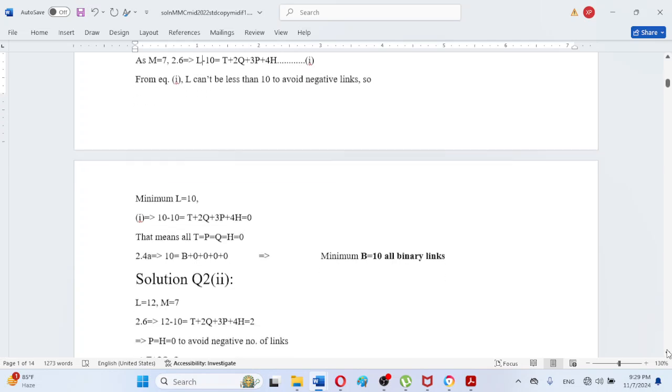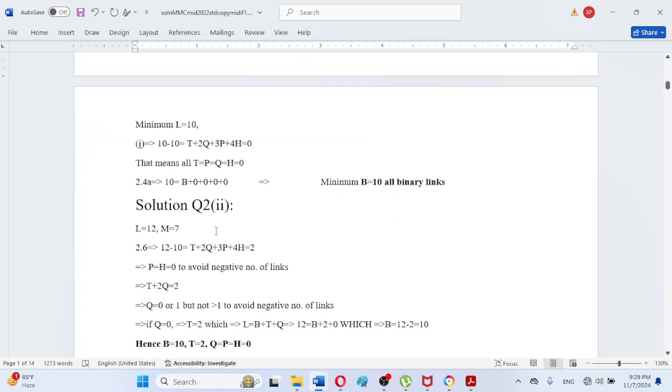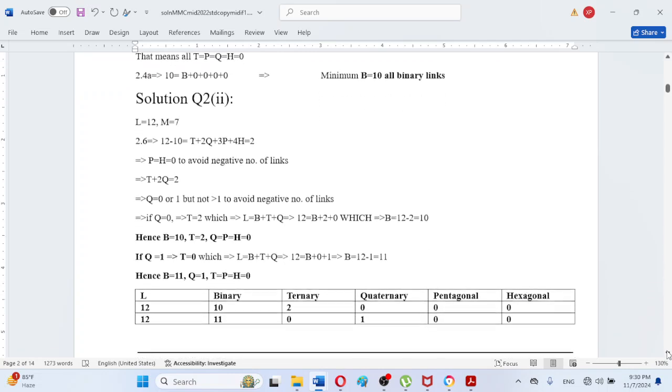Now move to the solution of part 2 of question number 2, which required that for a total number of links 12 and DOF equal to 7, the student describes the brief procedure. So I have written here the brief procedure.